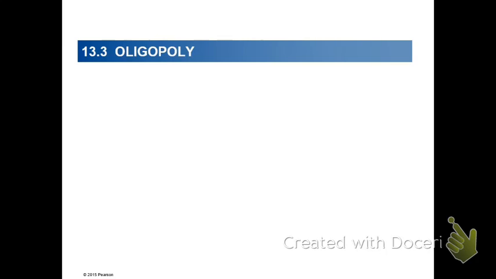Monopolistic competition is characterized by advertisement, and oligopoly is characterized by strategic behavior, which means that unlike all other markets, the behavior of one firm in response to other firms becomes a central idea in oligopoly. And we're going to look at that.